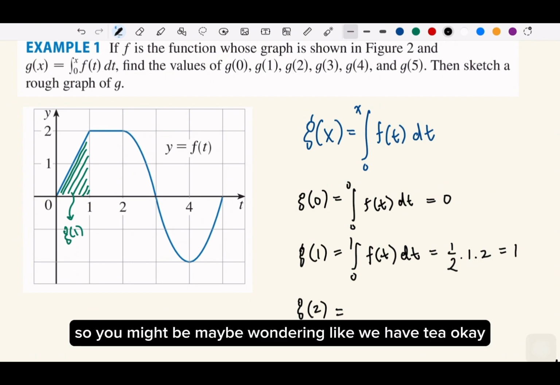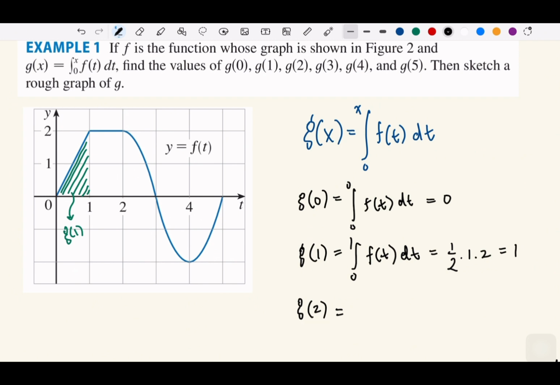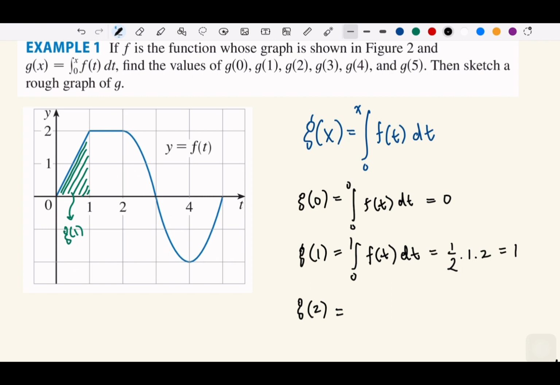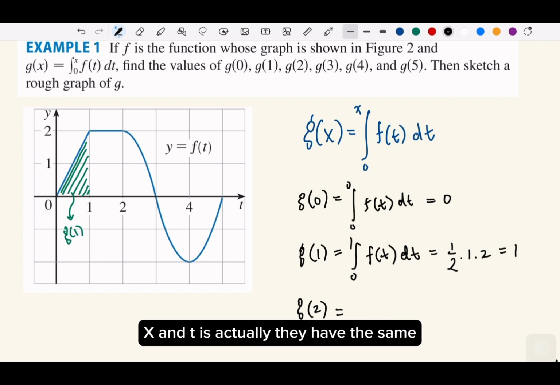So you might be wondering, we have t, and then this is x. Where is x in our graph? Again, this t or any variable inside is actually just a symbol. The x and t have the same construction.